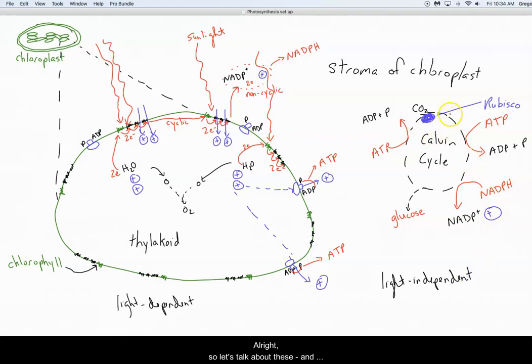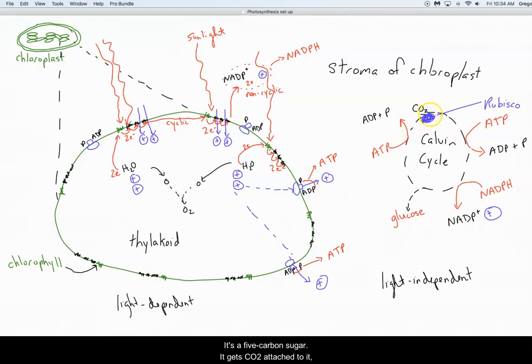All right, so let's talk about these. And we're just going to go over this pretty quick. What happens is there's this sort of enzyme that grabs CO2 out of the stroma and attaches it into the enzyme temporarily and snaps that onto a sugar coming out of this side of the cycle. It's a 5-carbon sugar.